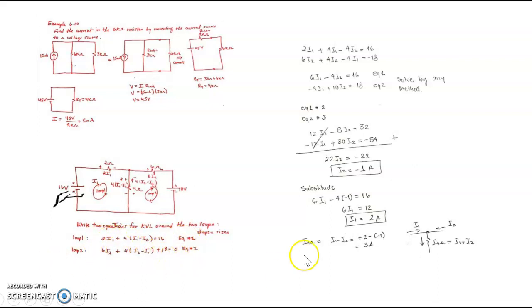At this point, we can simplify it, multiply out, and we get these values. So now we have equation 1 and equation 2. Equation 1: 6I1 minus 4I2 equals 16. Equation 2: minus 4I1 plus 10I2 equals negative 18. At this point, you are welcome to use any method.